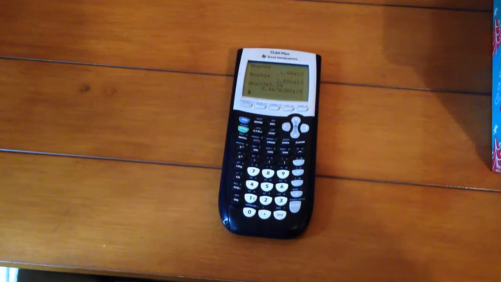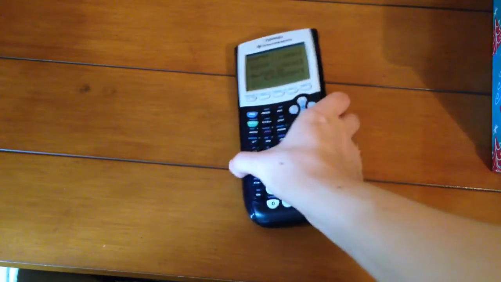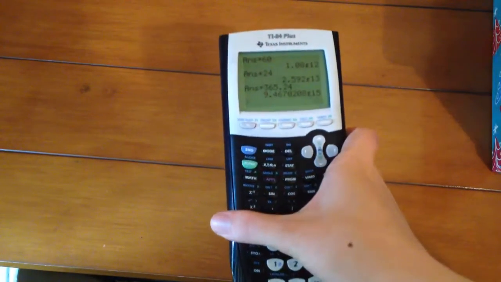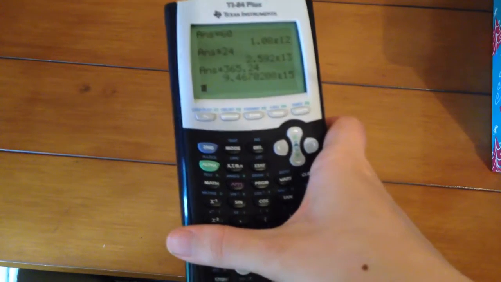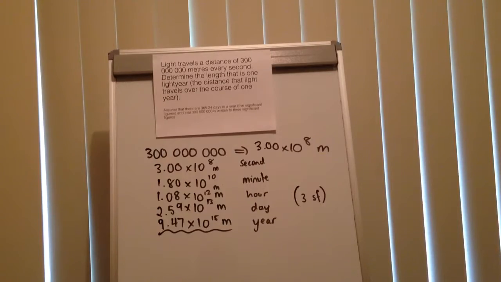And hence, we have found what a light year is in meters. So the distance that light travels each year in meters. And so light travels 9.47 times 10 to the 15 meters every year.